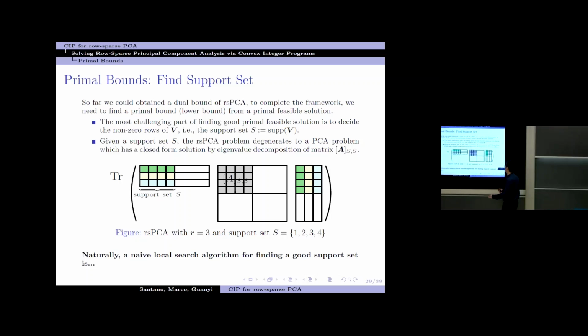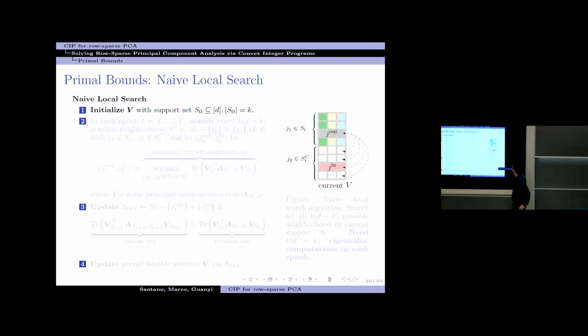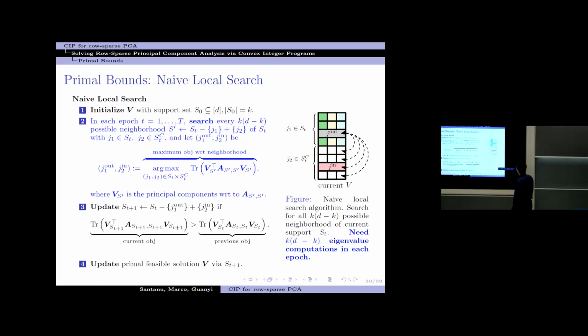Naturally, there is a naive local search algorithm to do that. What we did is, okay, we start from some set S0, and in each iteration, we remove one row in the current support set and add another row into our set.